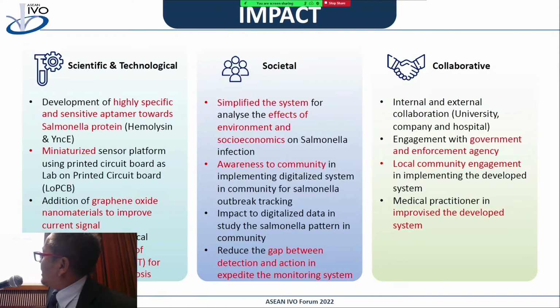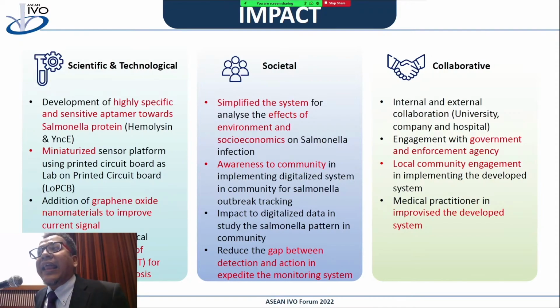For the scientific and technological impact, we developed highly sensitive, quantitative Salmonella detection using electrochemical transducers. We developed our own design and own fabrication, using the concept of lab on printed circuit board.